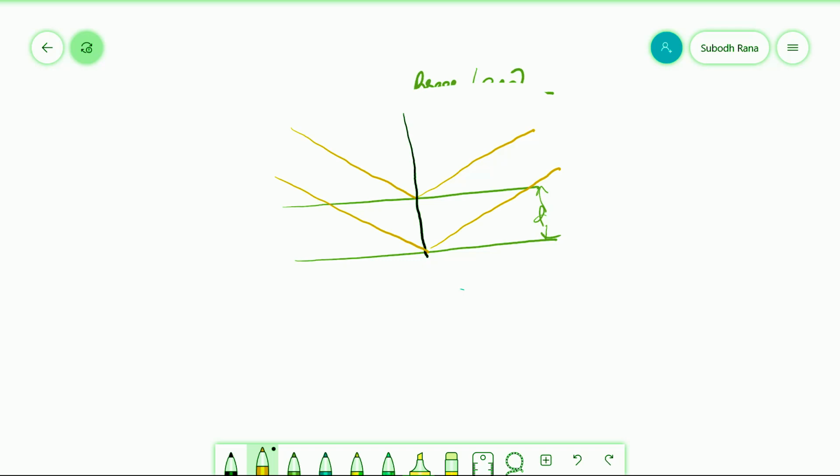We need to find the lag of wave 1 with 2, that is the path difference. So basically we'll draw a perpendicular from here to this. Let us assume points O, A, B and C.